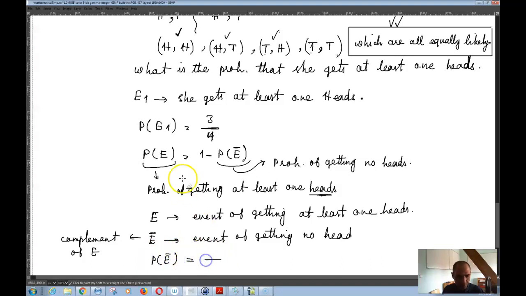Now if I calculate P of E bar here, the probability of getting no head would be only 1 out of 4. So I have 4 outcomes here and only 1 would be favorable.